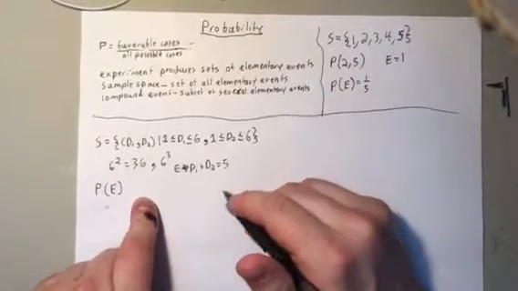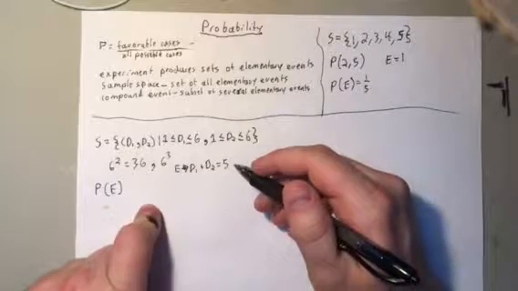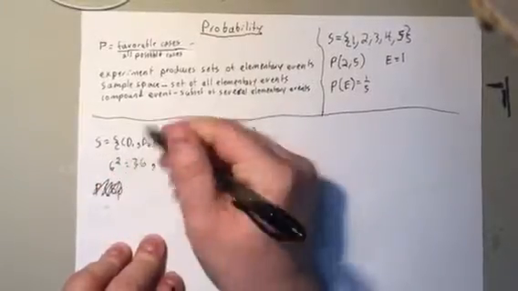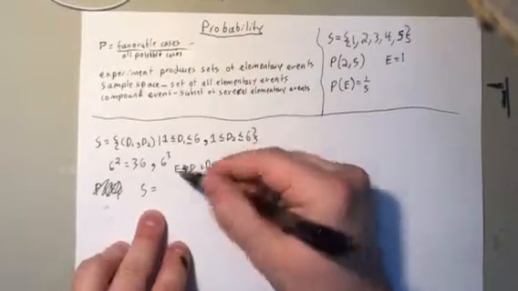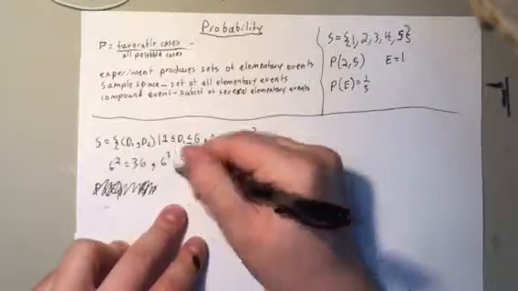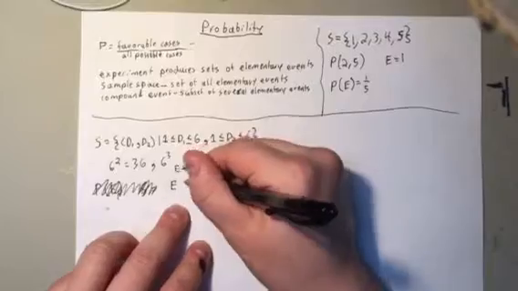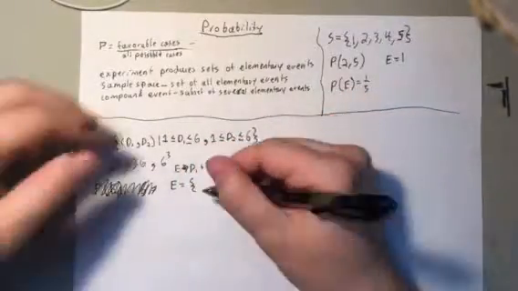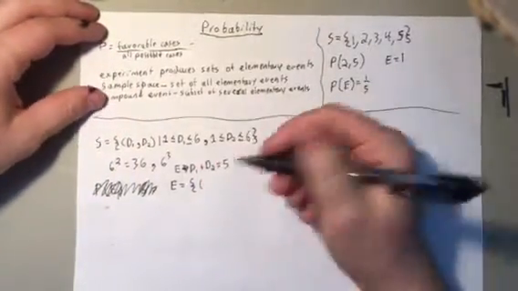So we'll just call our set E. Our set E would be equal to all the possibilities that get a 5. We have 2 dice, so we're gonna use parentheses, kind of like you would write coordinates.